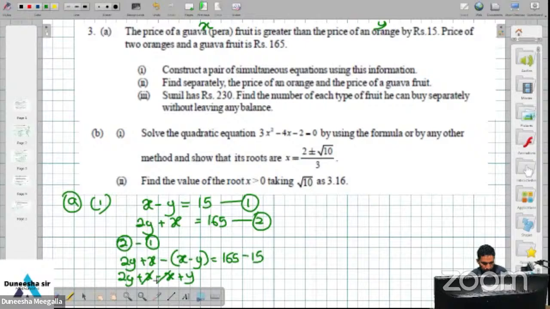Then you can simplify: 3y equal to 150, y is equal to 50.